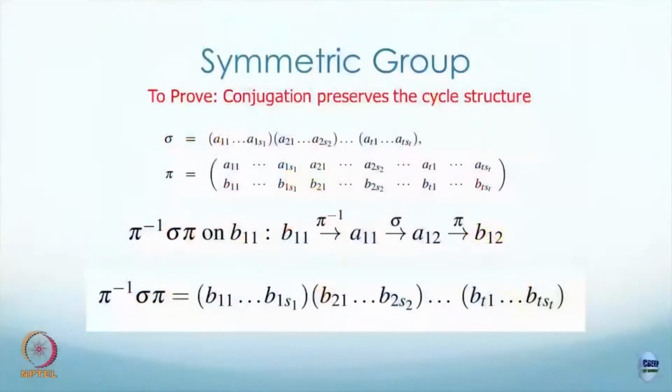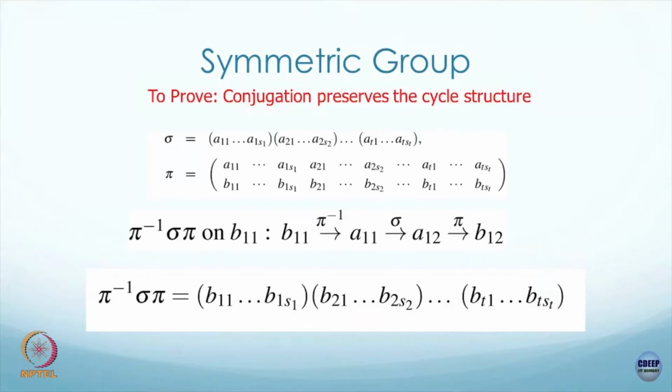I have just shown that for a specific element among so many objects, if you do this conjugation operation, you can take any element. You could have taken B21 or B1S1, I do not care. If you do the pi inverse sigma pi, the series of operations will take you, for this particular example of B11, to B12.